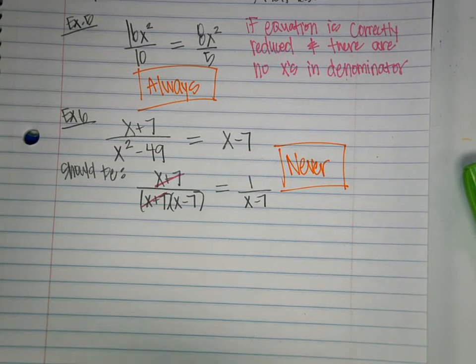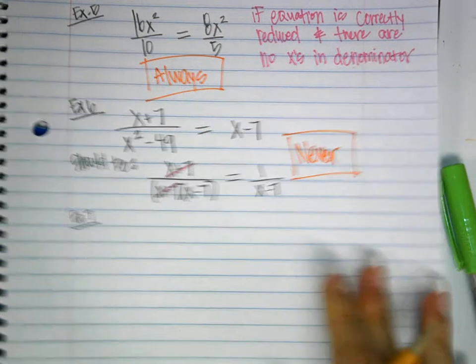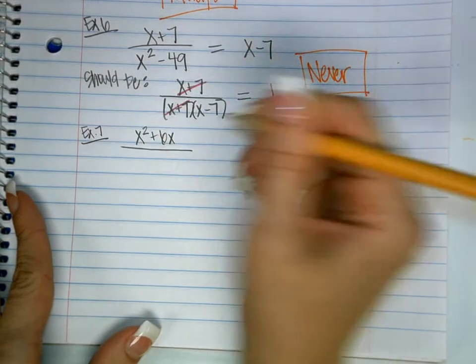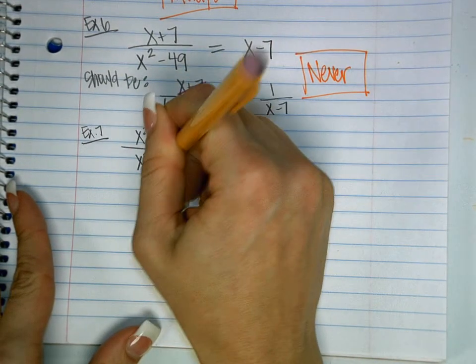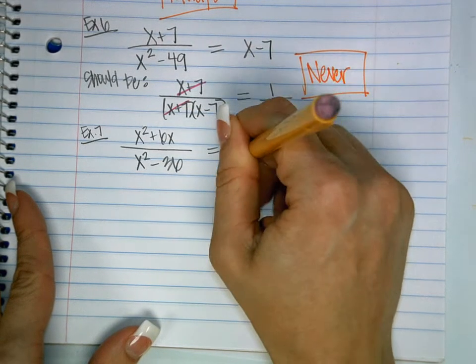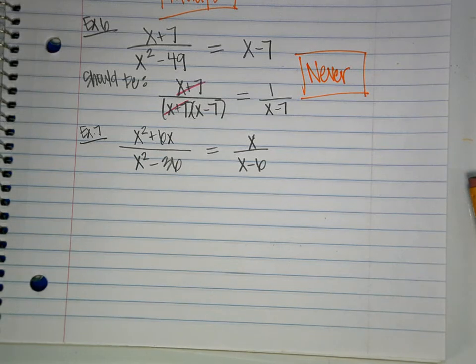Okay, and you're going to have one more situation that you might see. Something like this. If you have an equation like x squared plus 6x over x squared minus 36 equals x over x minus 6. Why do you think this is a sometimes? Because I did the other ones, right? Okay, you're right. But now I'm going to add some values here.